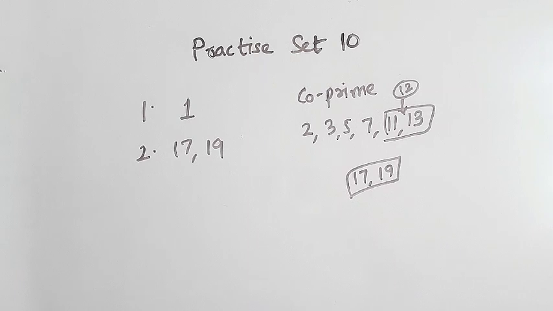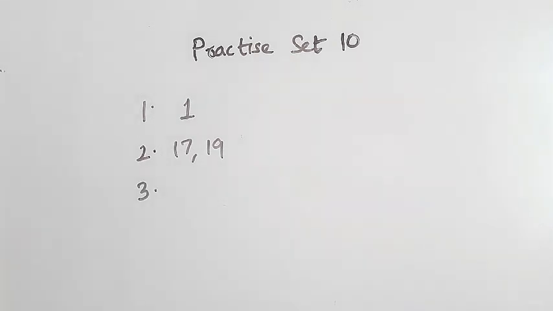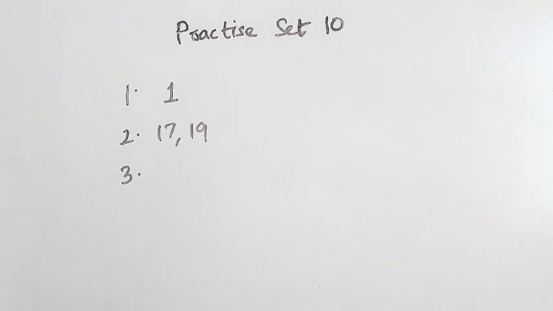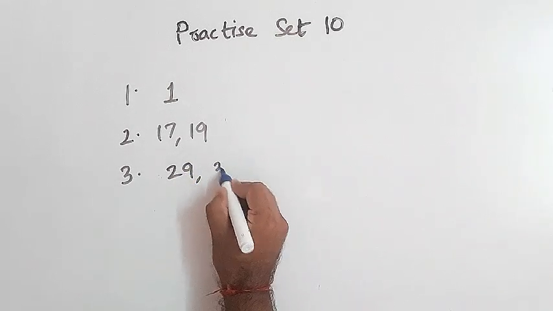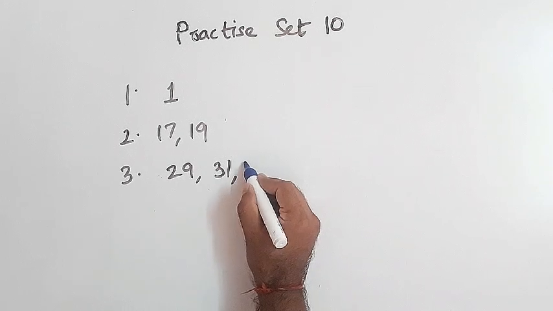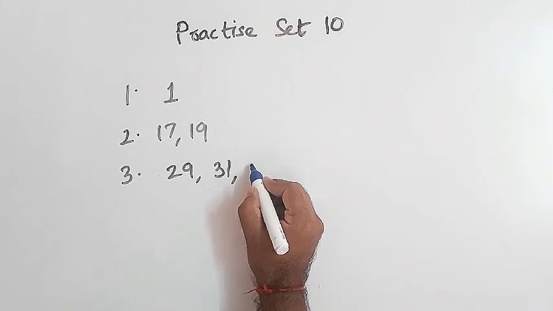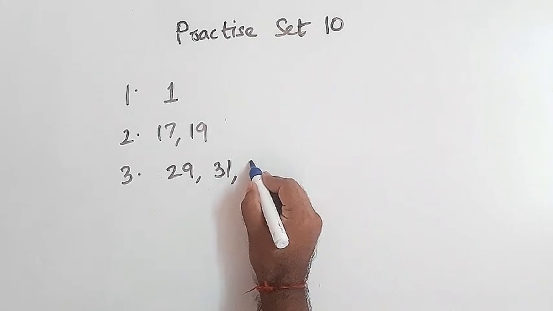Now they have asked to write prime numbers starting from 25 and going till 100. So I'll start with 29, then 31. I cannot write 33, 34, 35, 36.